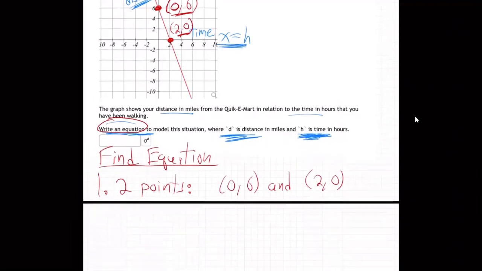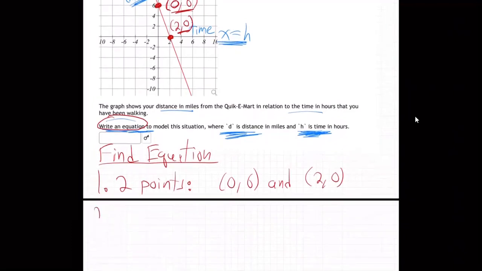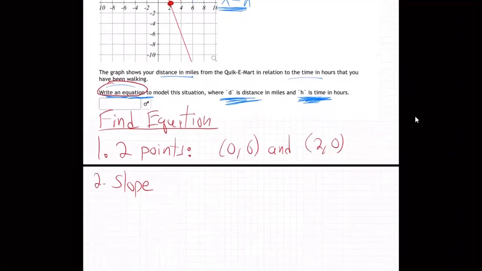Okay, and so now step 2. You know this game now. Slope equals y2 minus y1 over x2 minus x1. So this is x1, y1, x2, y2.